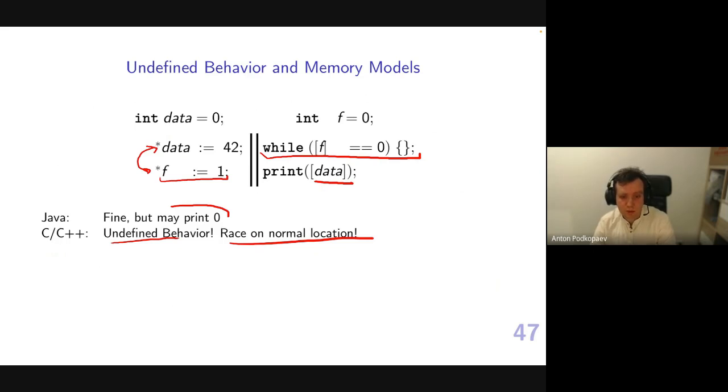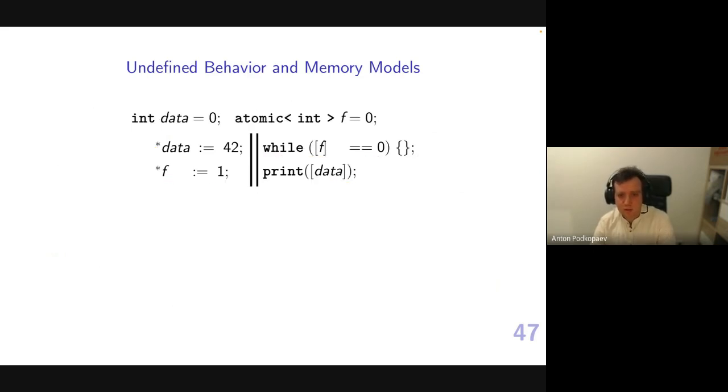But what does undefined behavior give us? If we say that our f location is not a normal int, but a so-called atomic int, and if we mark write accesses to the f location as release accesses and the read access as an acquire access, then it would essentially give us synchronization between these two accesses.